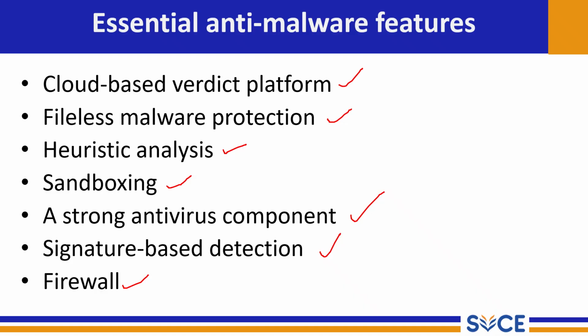And next one, sandboxing. This sandbox is the cell where malicious files are analyzed. The anti-malware protection you choose should have a sandboxing feature that allows you to isolate and remove potentially malicious files from your client system before they can do damage. Sandboxing is critical in defending your client system against advanced malware attacks.